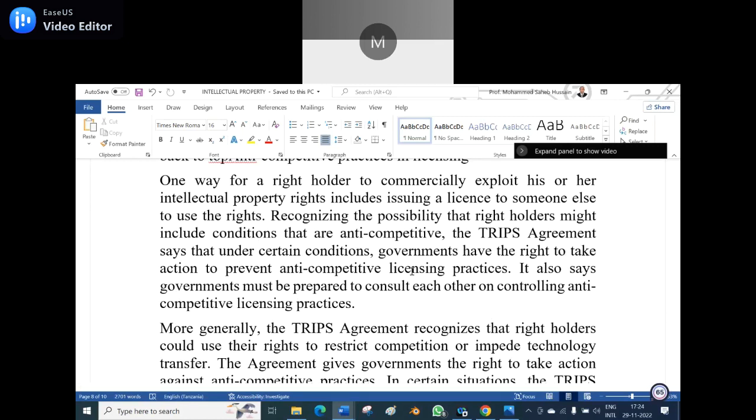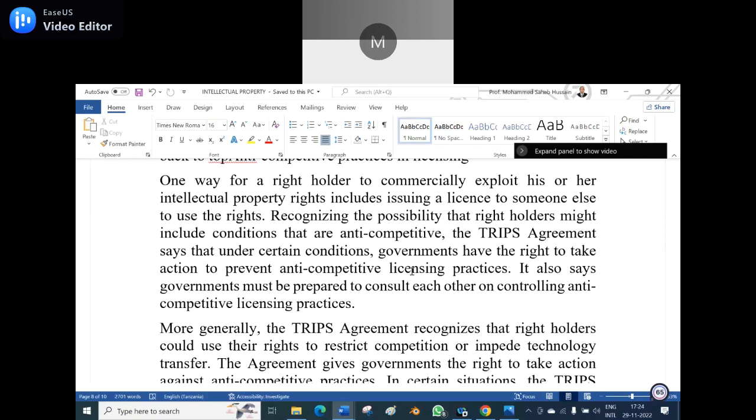Competition is allowed in business, but not anti-competitive practice, because fair competition should be there. The TRIPS agreement says that under certain conditions, governments have the right to take action to prevent anti-competitive licensing practices. So the regulating body is the government, and it has the right to take action to prevent them.